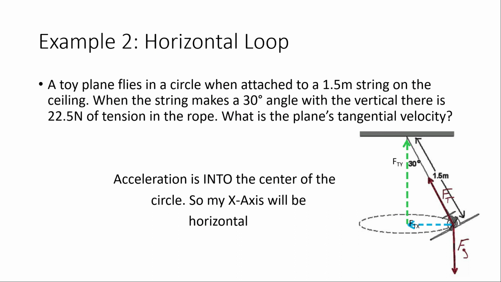So if I set that, then I can split all of my forces into x and y components. You can see in blue I've done F tension X, and in green I've done F tension Y. And now that I've split up my axes this way, I can go ahead and start my problem.